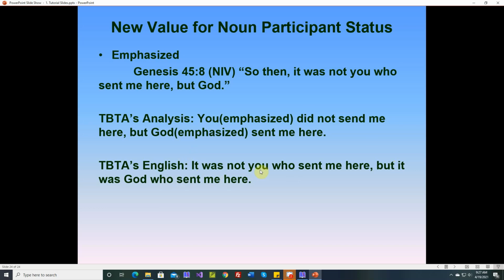So that's how we emphasize the you and the God. And we can only tag one noun. As we're analyzing the Bible, we only tag one noun per sentence as being emphasized. At most. Most sentences don't have any emphasized nouns. But if there is one, there will only be one in that sentence. So those are the new feature values that we've added to nouns.